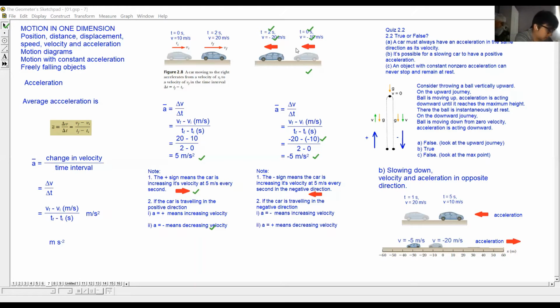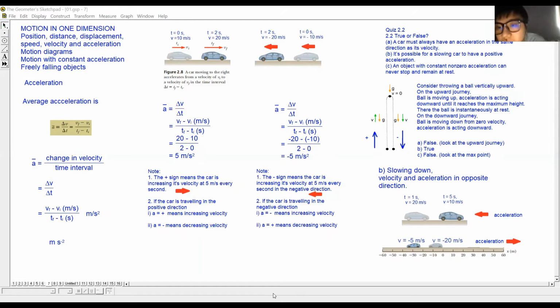Let's say you talk about the speed now. The velocity is negative 10, so the speed is 10. Then when the velocity is negative 20, the speed is actually 20. So the speed goes from 10 to 20. Is the speed increasing or decreasing?